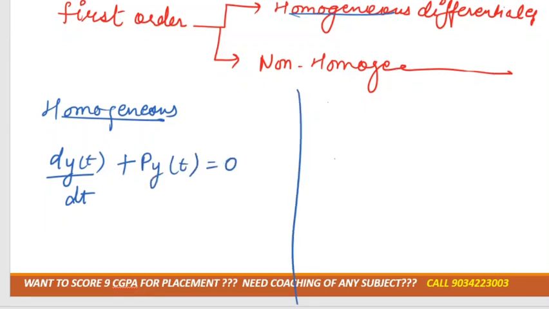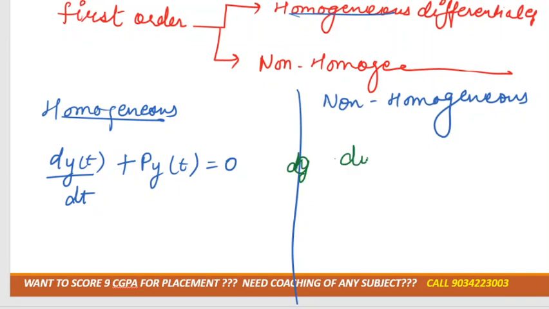But if there is a case of non-homogeneous, then the equation is dy(t)/dt plus p y(t) is equal to q. For homogeneous it is 0, and for non-homogeneous it is some constant term. Clear? Now if you further solve it, I'll tell you the direct value.